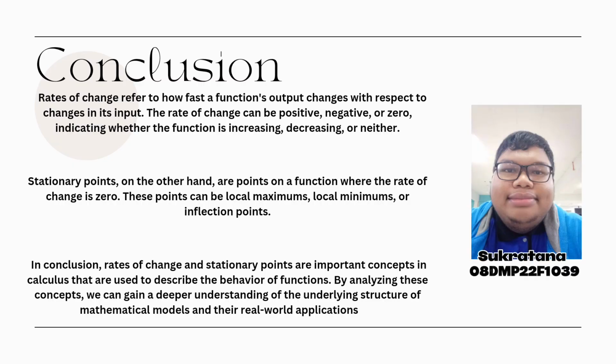What we got from our discussion earlier is that we get to know rate of change and stationary points. Rate of change refers to how fast a function's output changes with respect to changes in its inputs. The rates of change can be positive, negative, or zero, indicating whether the function is increasing, decreasing, or neither.